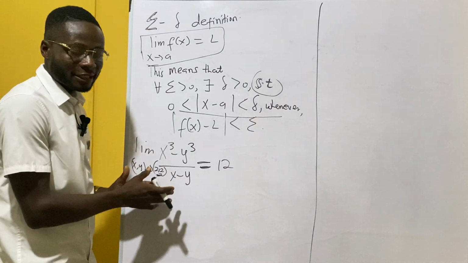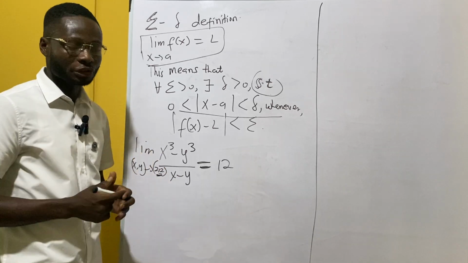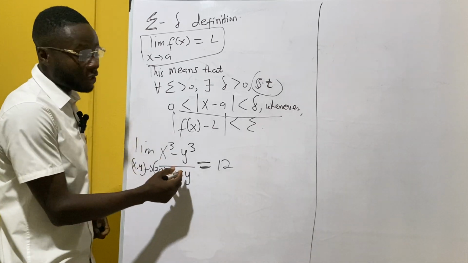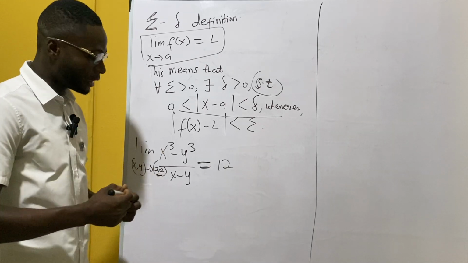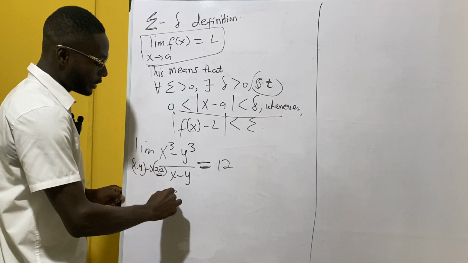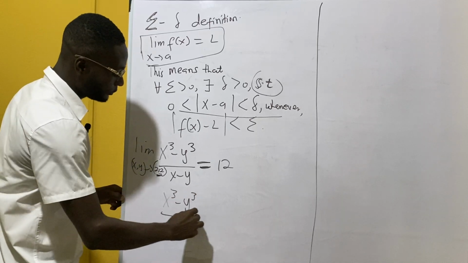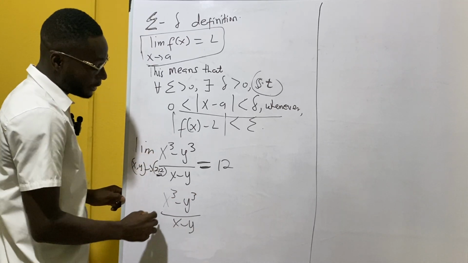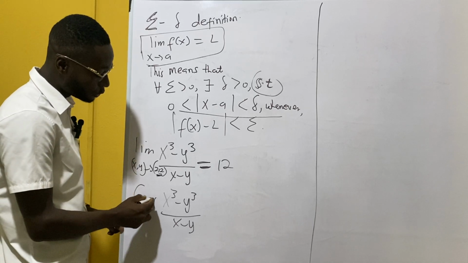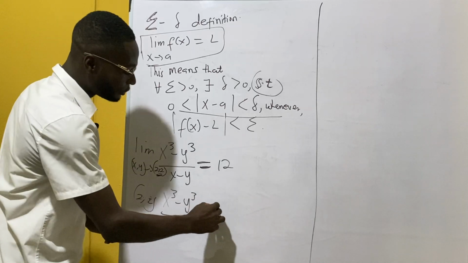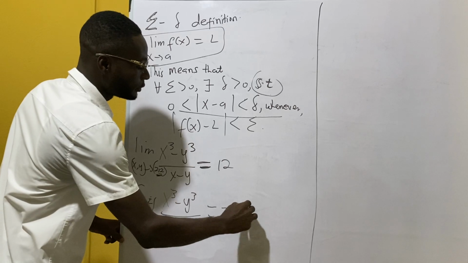You can see that when we do direct substitution in this function, we are going to have an indeterminate result. Let's try that here: x cubed minus y cubed all over x minus y, with x equal to 2 and y also equal to 2.